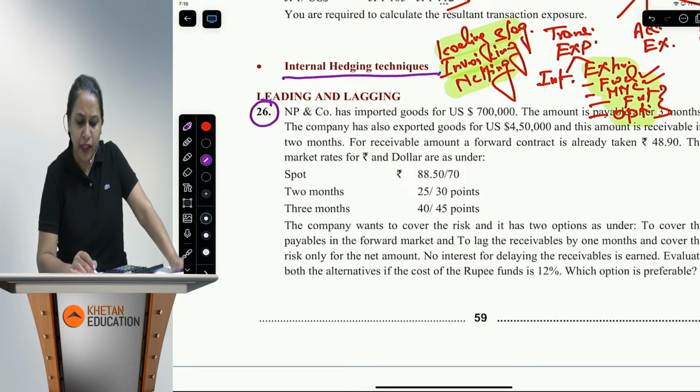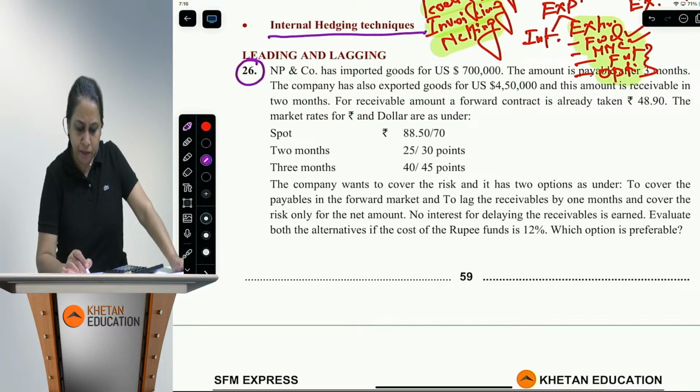Now look at this. NP and company has imported goods for $7 lakhs. The amount is payable after 3 months. The company has also exported goods worth $4,50,000 and this amount is receivable in 2 months. For the receivable amount, a forward contract is already taken at 48.9. The market rates for rupee and dollar are as under. So spot is given to you.